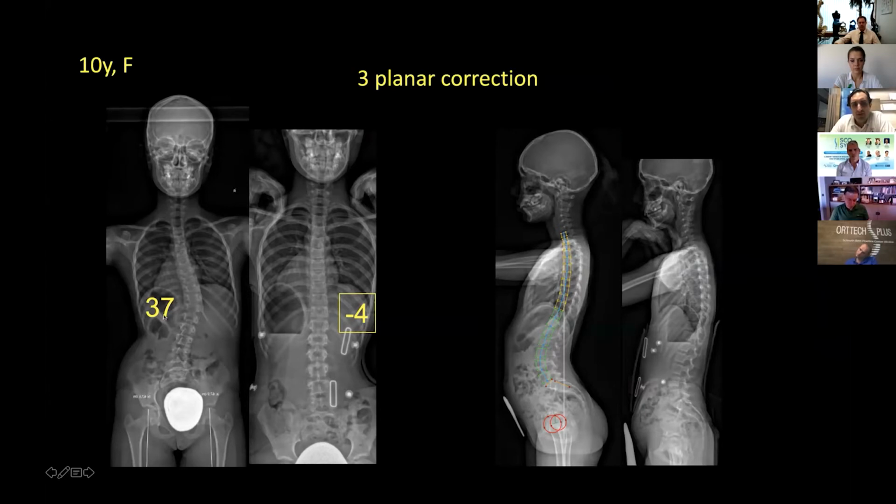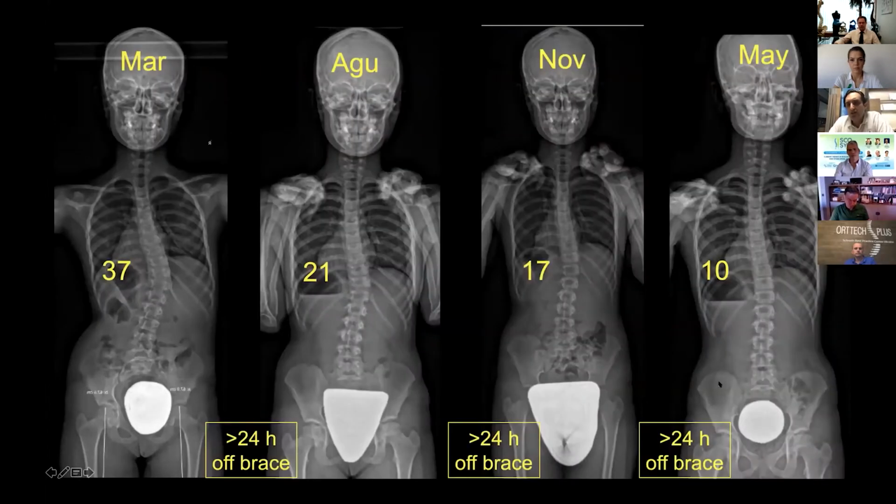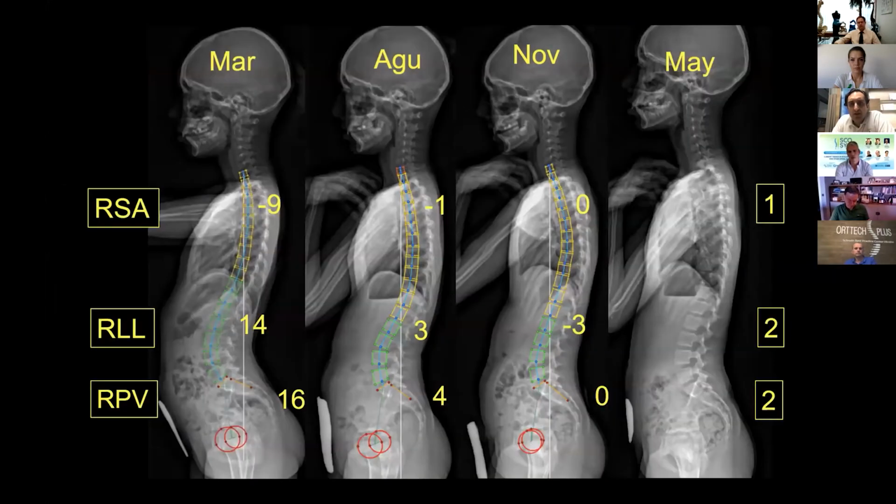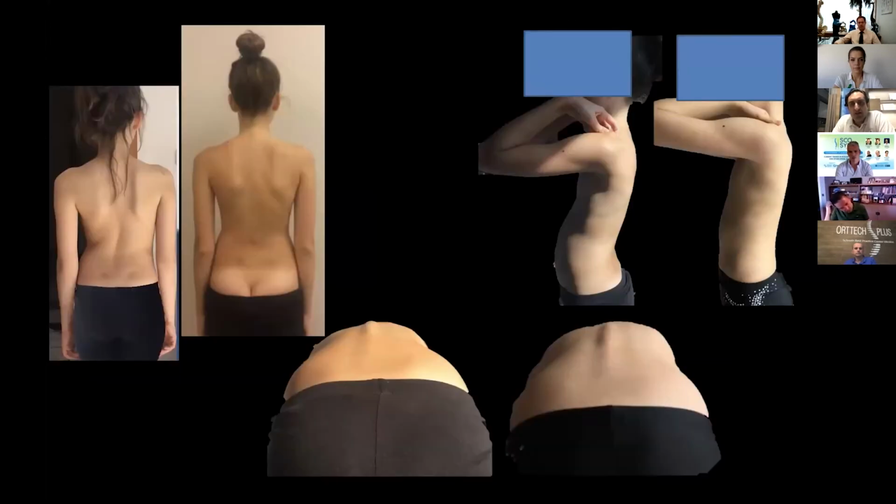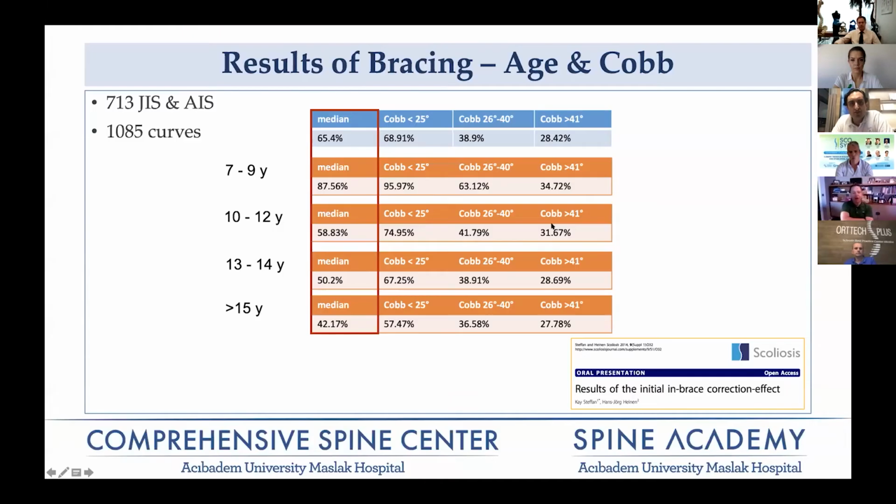If we can correct the altered load distribution in the coronal plane, and also make the load distribution better in the sagittal plane, this is how we can get a three-planar growth modulation. And this is how, with conservative treatment, with braces and exercises, we can get three-planar correction in scoliosis.